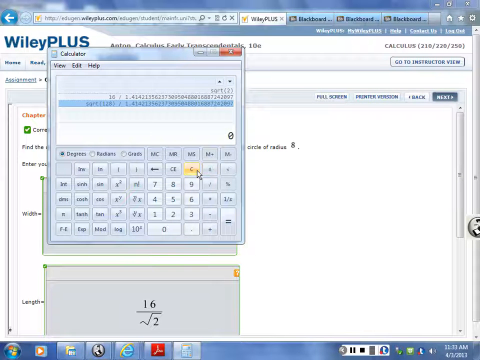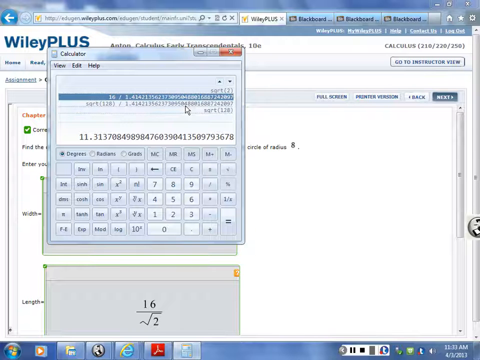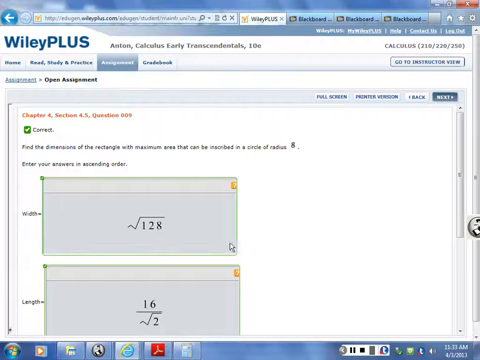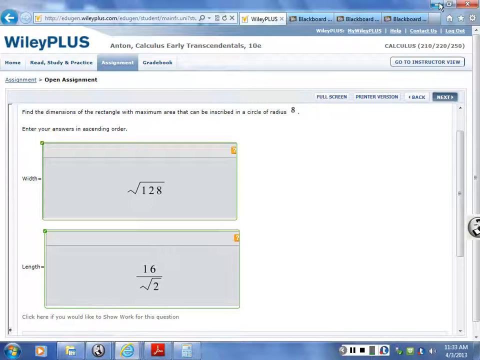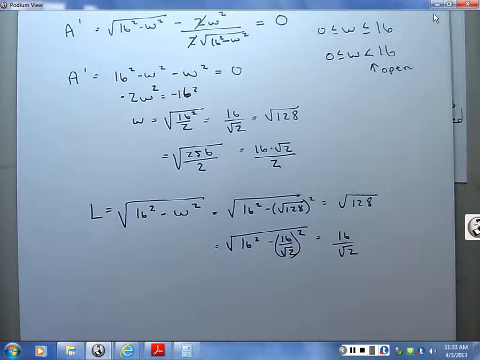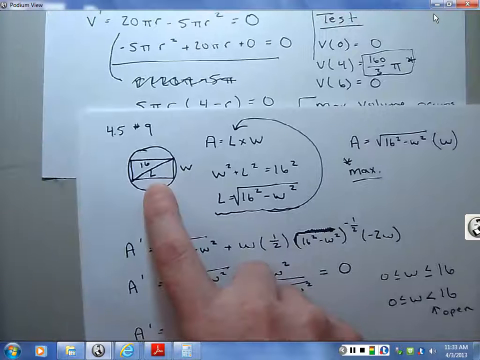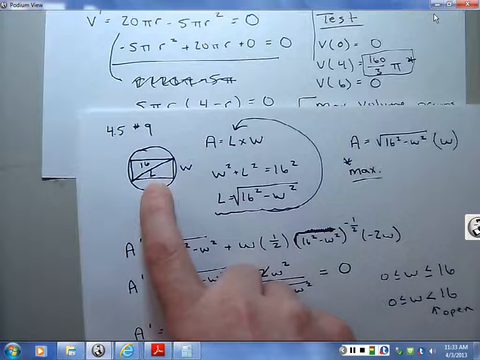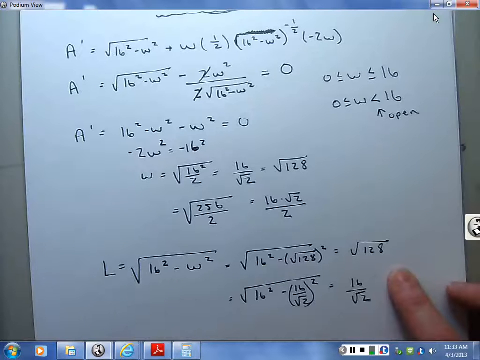So here, square root of 128 is the same thing as 16 over square root of 2. So we are looking for the length and the width of the maximum rectangle. And the maximum rectangle is going to be when the length is 16 over square root of 2 or the square root of 128. Just different algebraic ways to write that.